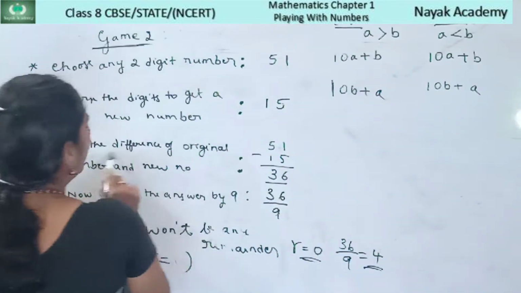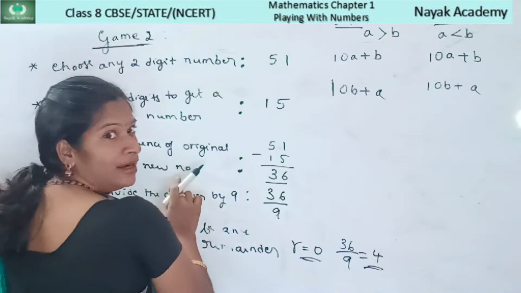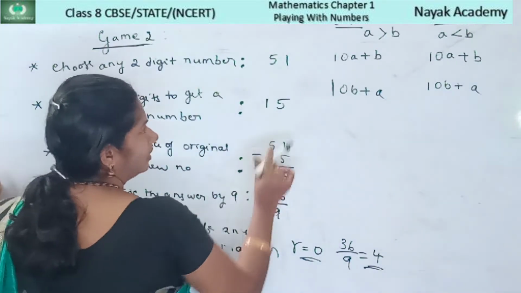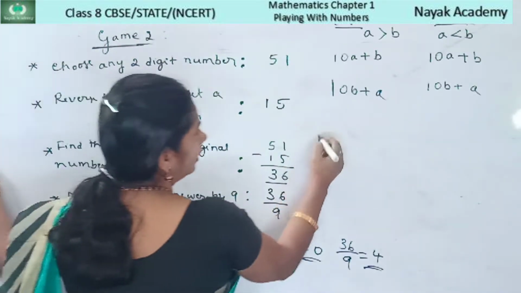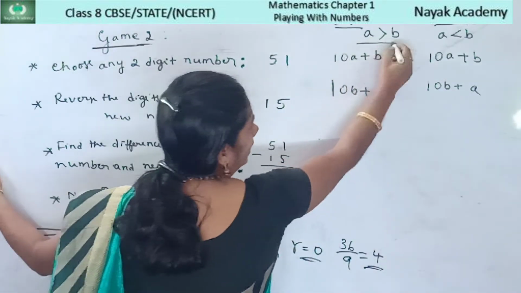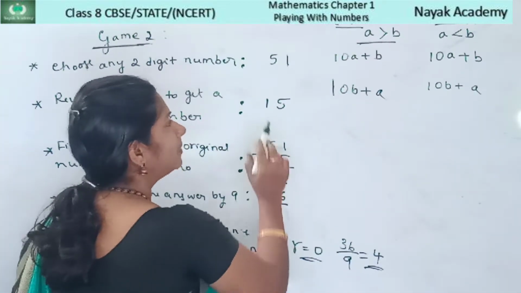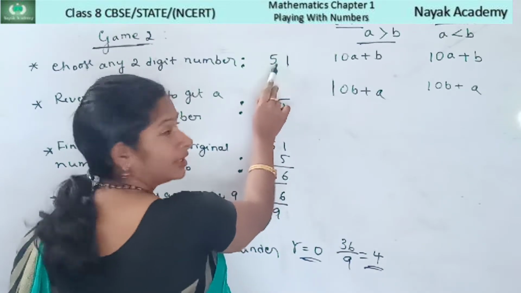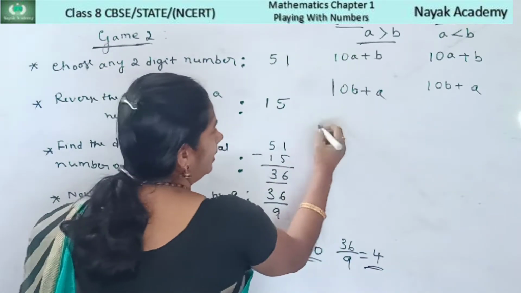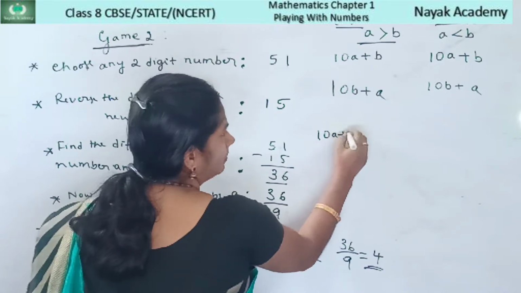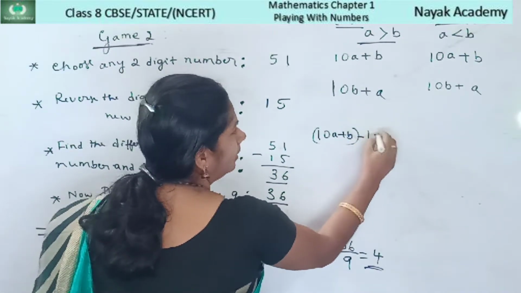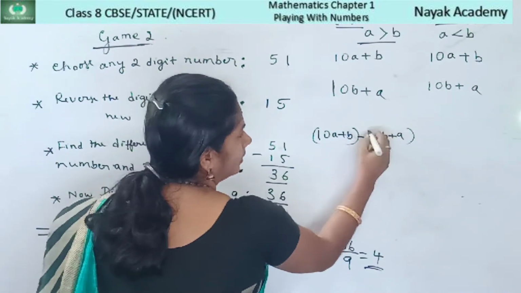Now find the difference of the original number and its new number. The original number is 10a plus b, and a is greater than b. We are subtracting the smaller number from the greater number. So the greater number is 10a plus b minus 10b plus a.